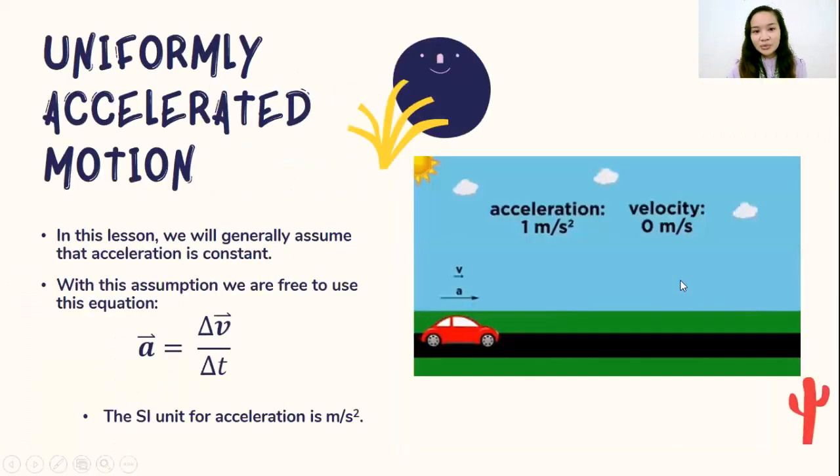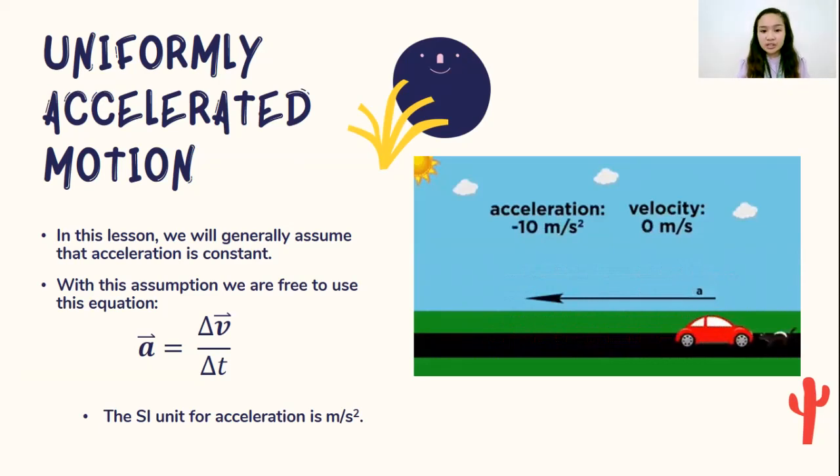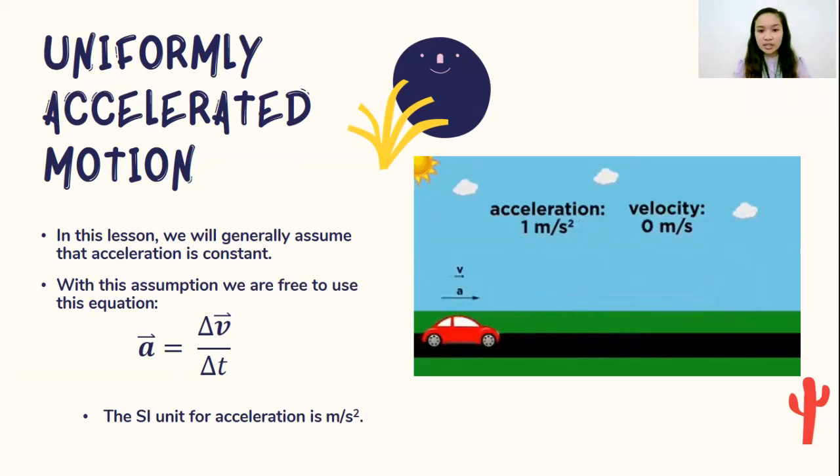So what is uniformly accelerated motion? In this lesson, we are going to focus on the uniformly accelerated motion, which means that the acceleration is constant. If your acceleration is constant, we have this equation. Acceleration is a vector quantity.